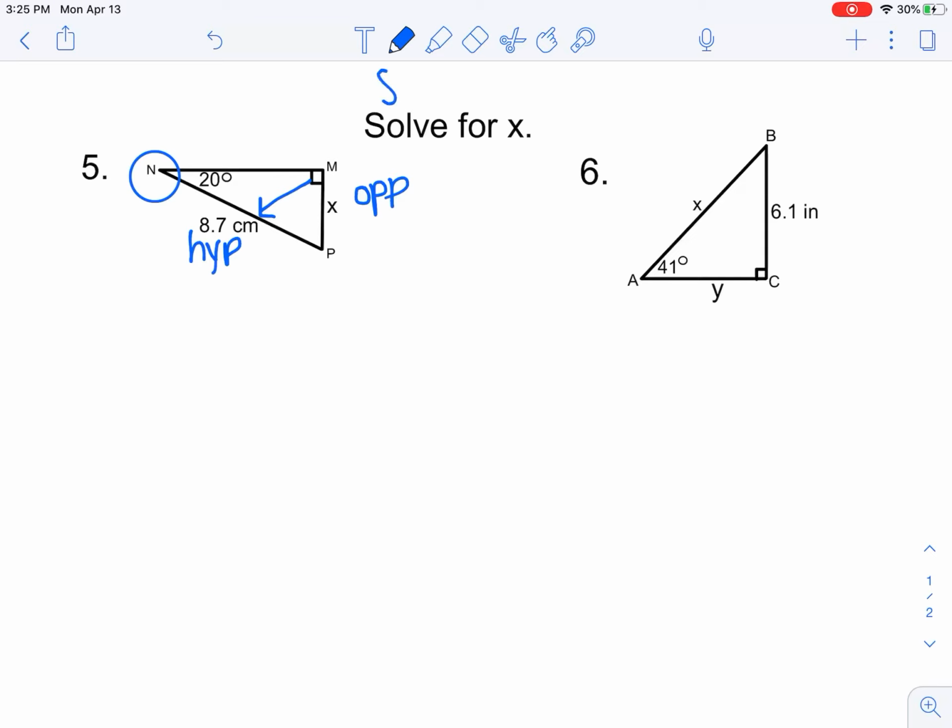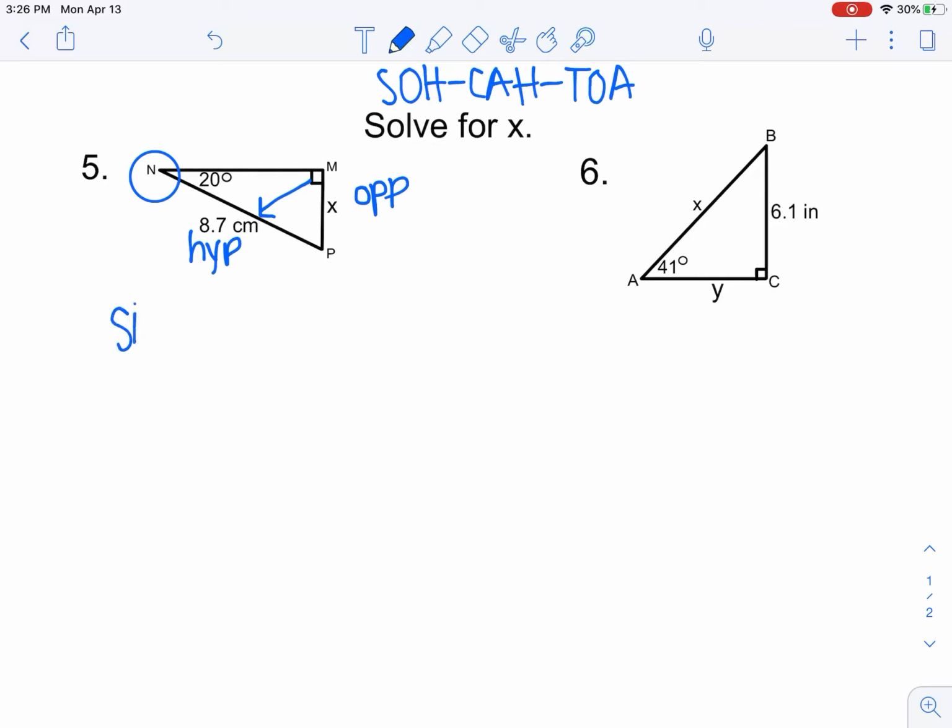So think about that saying, SOHCAHTOA. If we are working with the opposite side and the hypotenuse, if you look for the letters O and H, that would tell us to use the sine function.